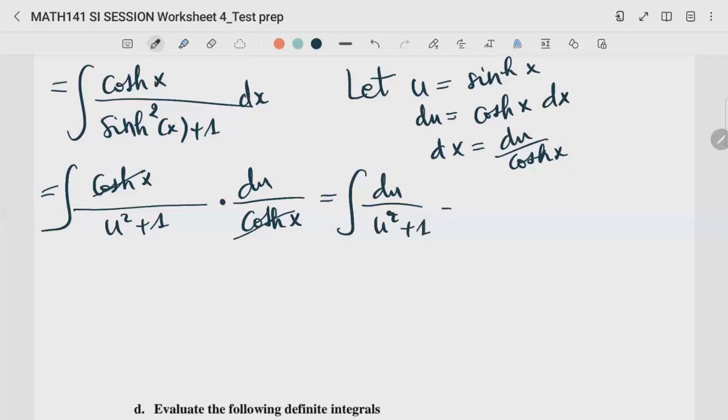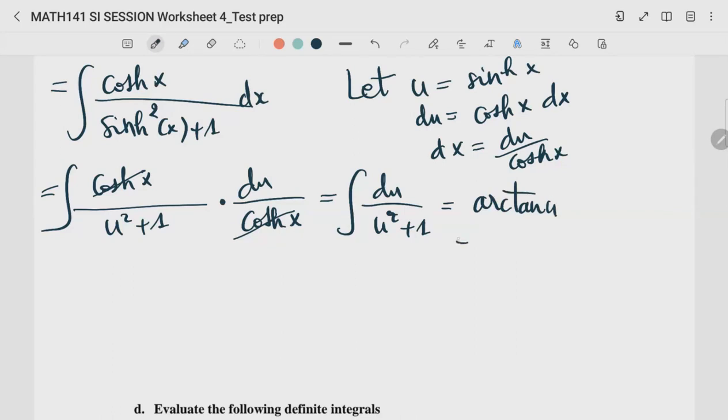And if you remember the example that we did in this same session, what is this integral equal to? Arctan. Yes, all right, so arctan of u.